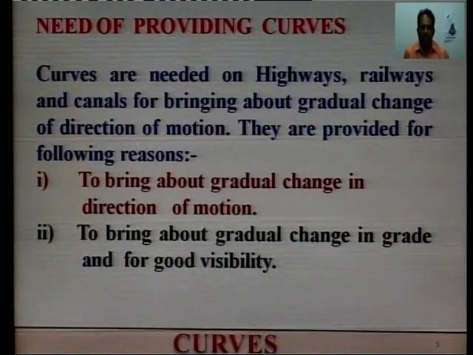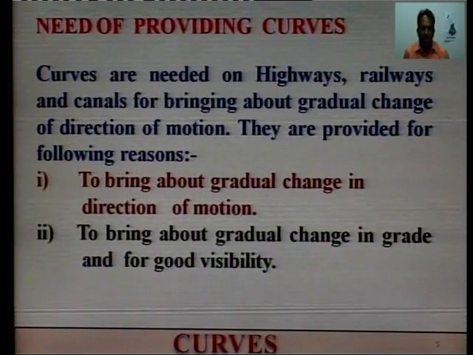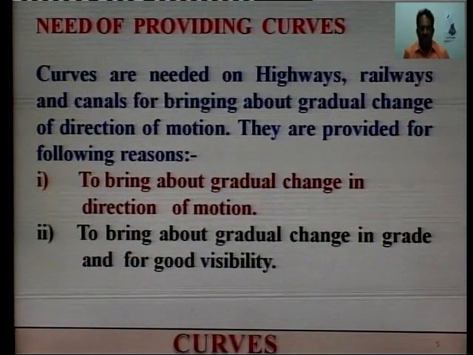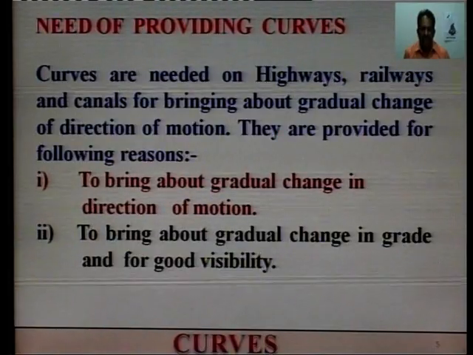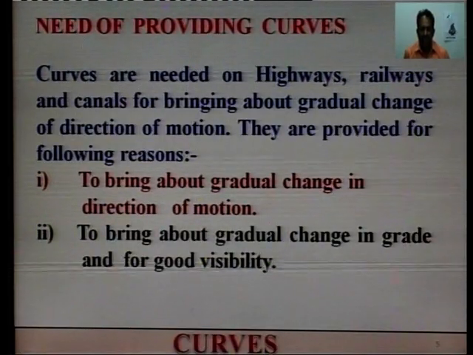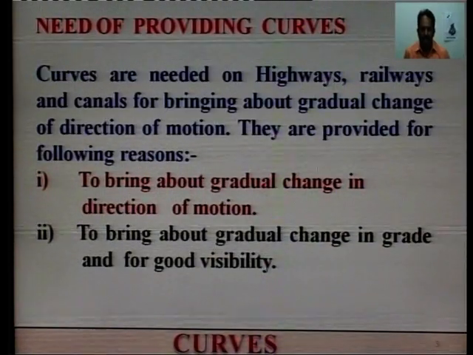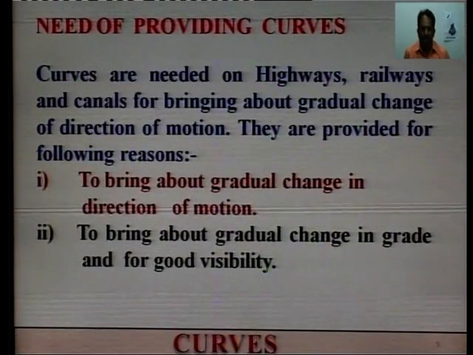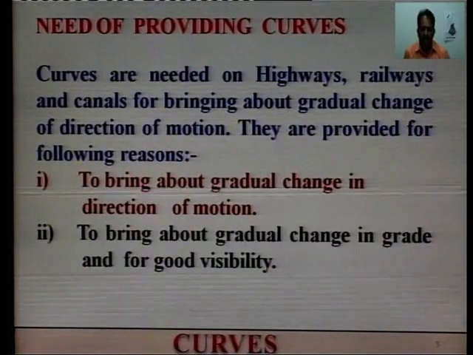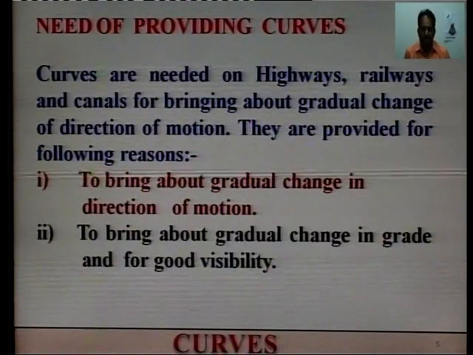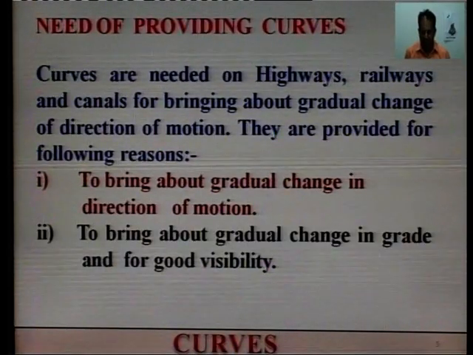They are provided for the following reasons also. First is to bring about a gradual change in direction of motion of the vehicle, and secondly to bring about a gradual change in grade and for good visibility, as in the case of hilly areas.